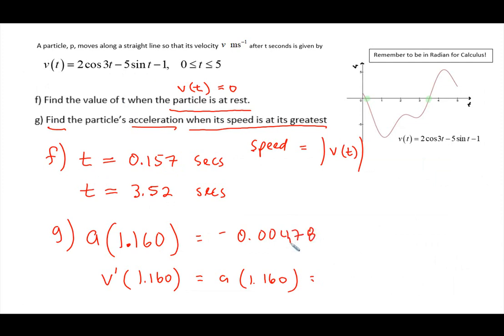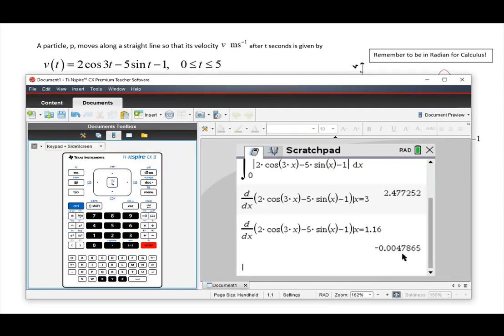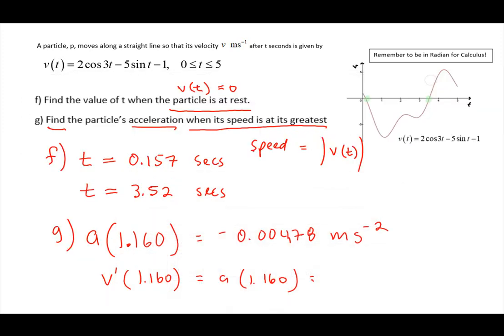If this is acceleration, the units are meters per second squared. If you round to 3 significant figures, 0.00479. So that would be our acceleration when the speed is at its greatest.